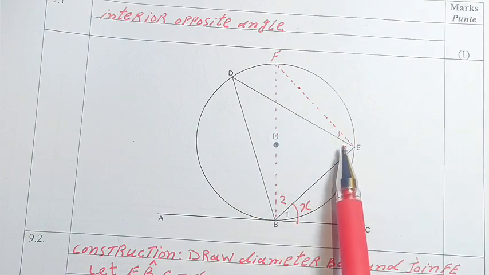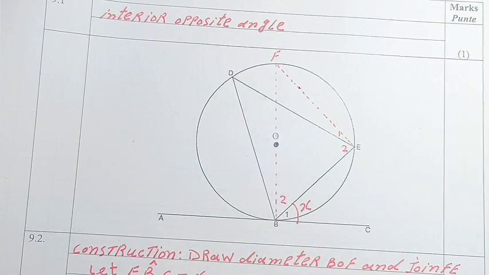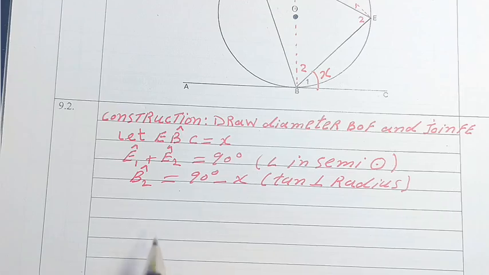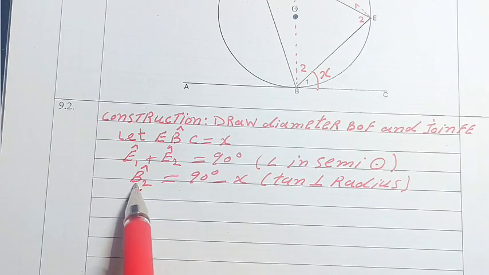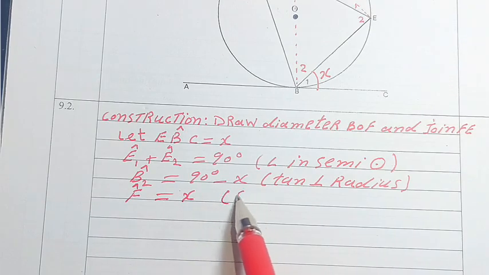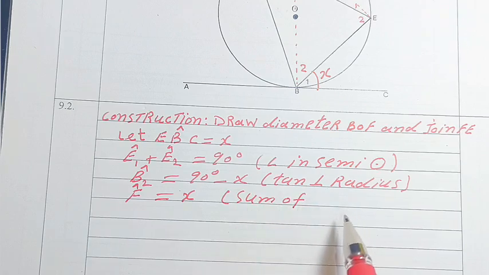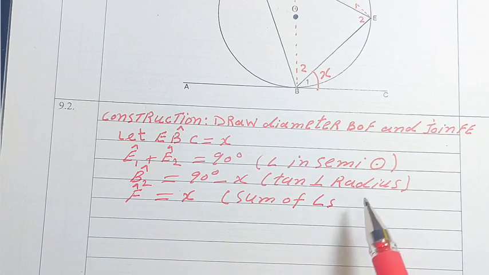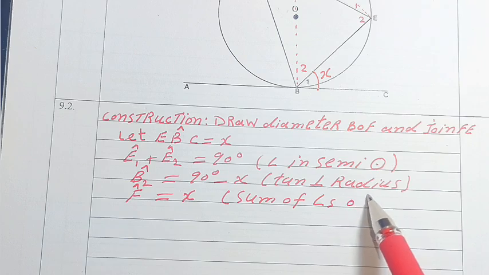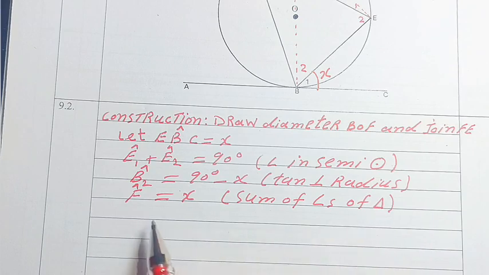In this triangle this is 90 degrees, this is 90 minus x, because angle B2 is 90 minus x. So angle F is going to be x, sum of angles in triangle. Angle F is equal to x. Why? Sum of angles of triangle. This is my reason.